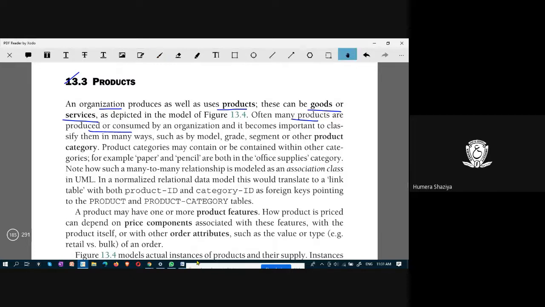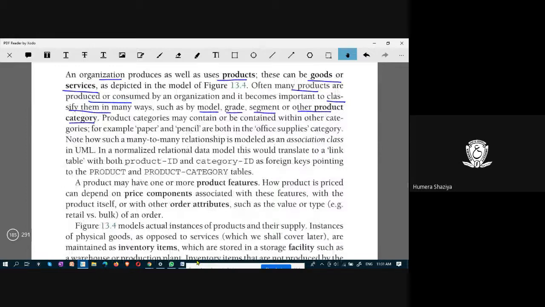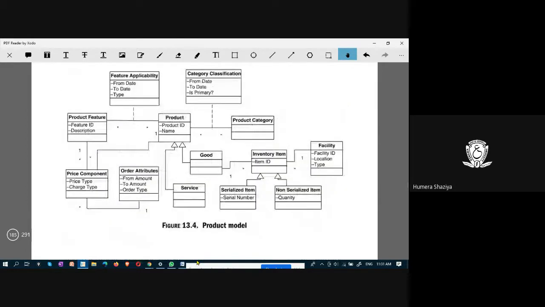And therefore, it is important to classify them, such as by model, grade, segment, or other product category. Okay, to which category the product belongs. That one is depicted in this class diagram.